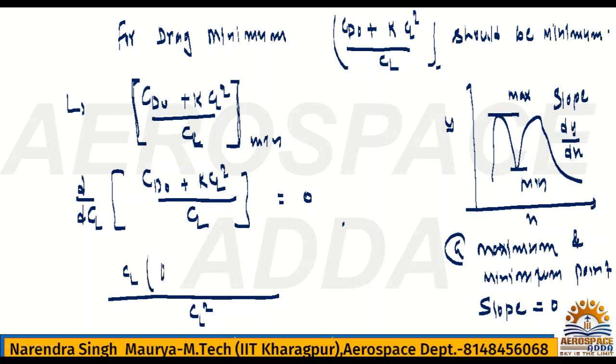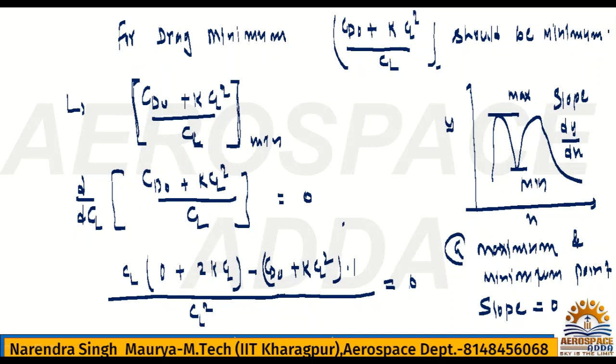CD naught differentiation will be 0 plus differentiation of this, 2k CL, minus, you have to write this bracket, CD naught plus KCL square, and CL differentiation in denominator will be 1, because it is differentiating with respect to CL only. So this value you will get.